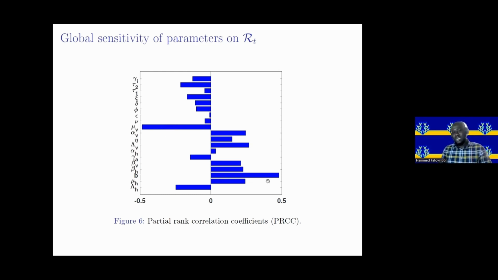And looking at the biting rate, if the mosquito is present in the population and the biting rate is high, that results in an increase in the spread of dengue in the population.